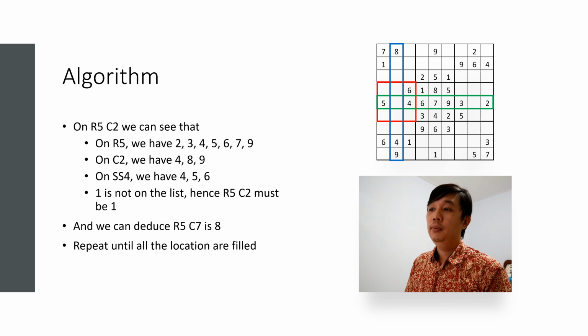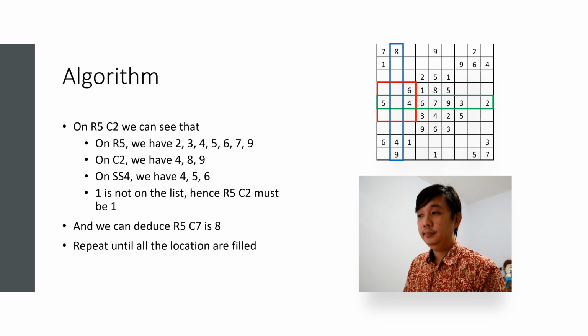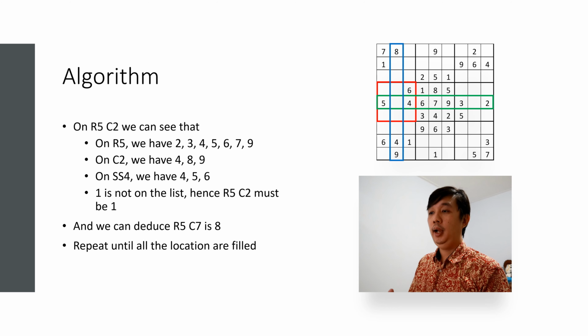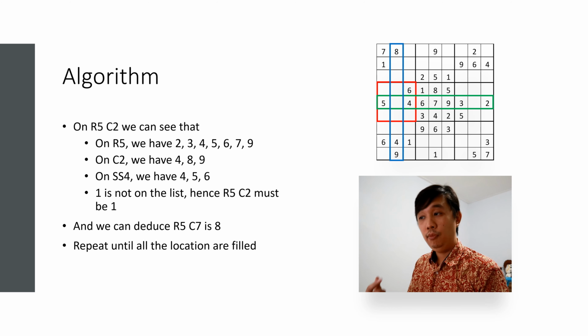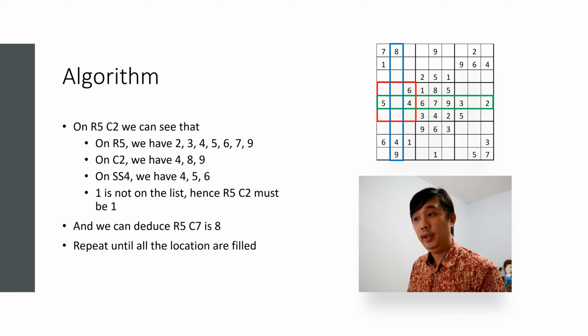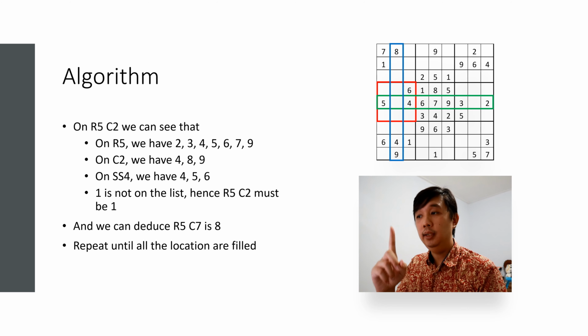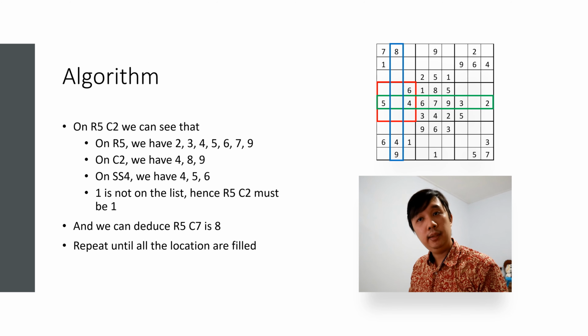So from row number 5 we have 7 numbers, and from column number 2 we have one more number, 8. So in total we have 8 numbers, and only 1 is not on the list. So there you go, row number 5, column number 2 must be 1, and we can deduce that row number 5, column 7 will be 8.